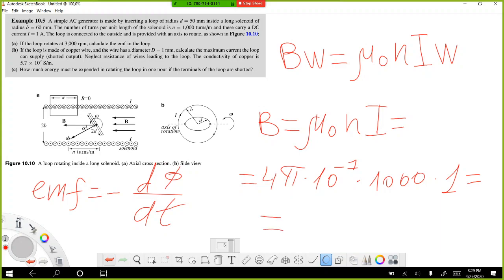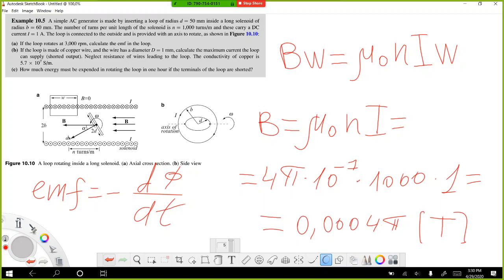This will be equal to 4 pi times 10 to minus 4, which is 0.0004 pi. The magnetic flux density inside our solenoid is 0.0004 pi Tesla.